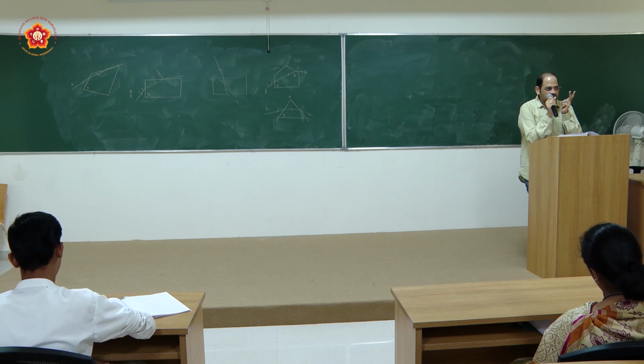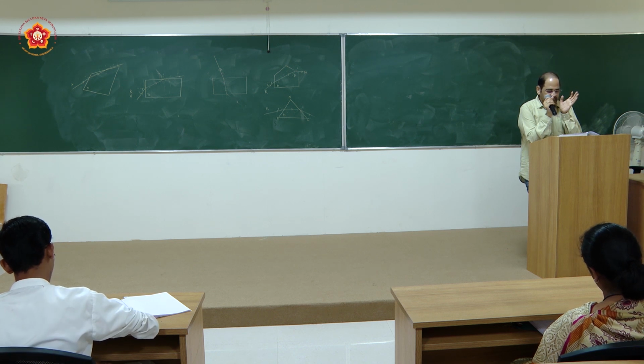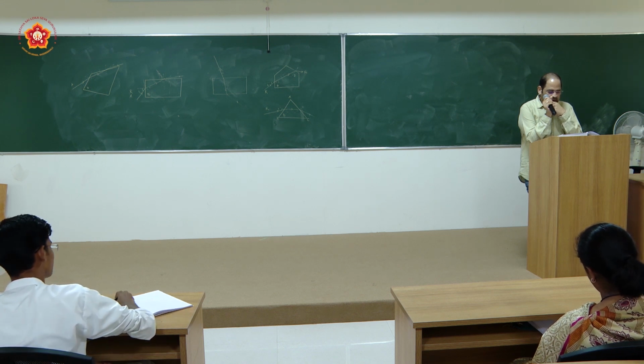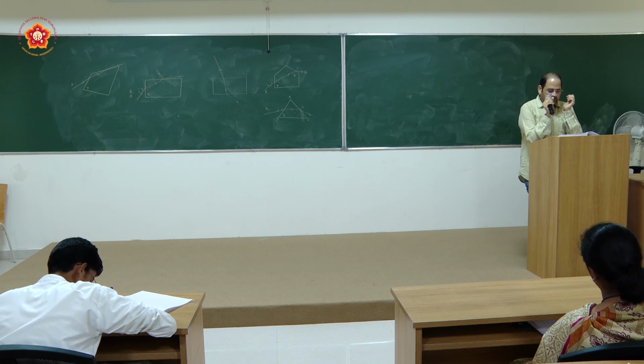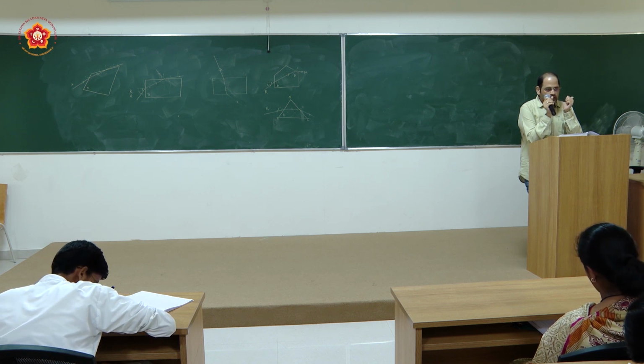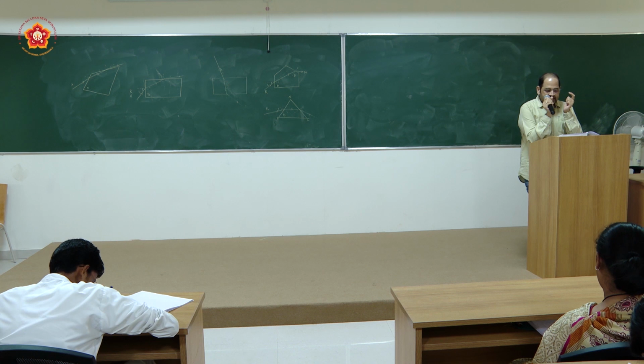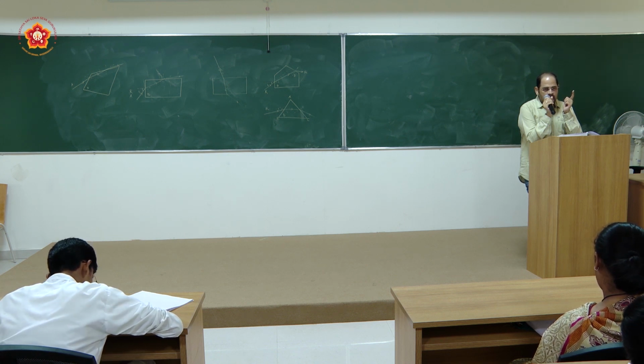So how many types of prism will there be? 3. So we put it down in this manner. There are equilateral prism, right-angled isosceles, or right-angled prism.